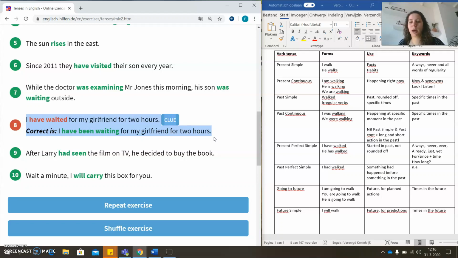But for those of us who haven't learned that one yet, which is most of us out there, we use present perfect simple. And it's allowed on the test because it matches the keywords. And the have been waiting form is also allowed on the test. If you know it and you want to use it, feel free to do so, but you don't have to.